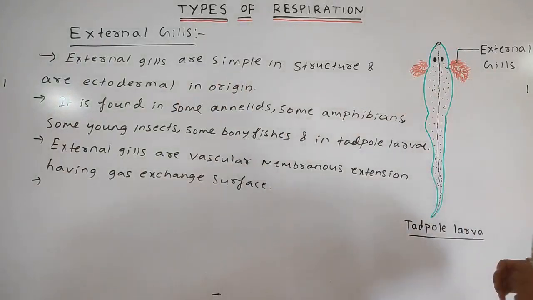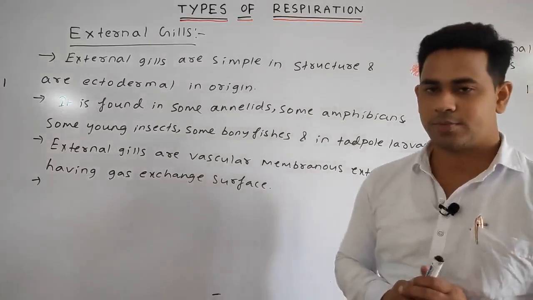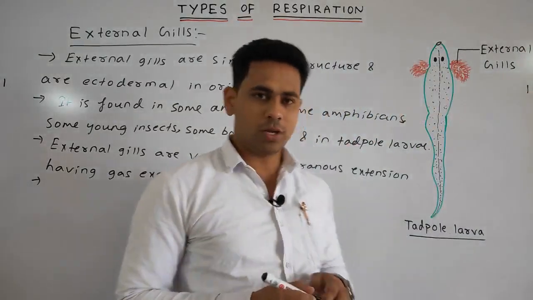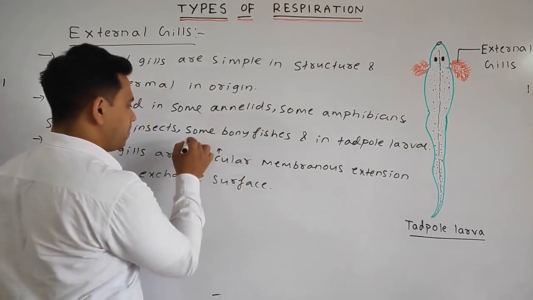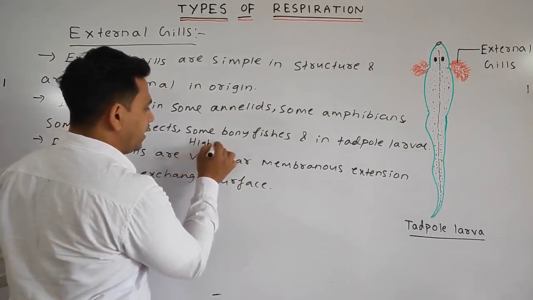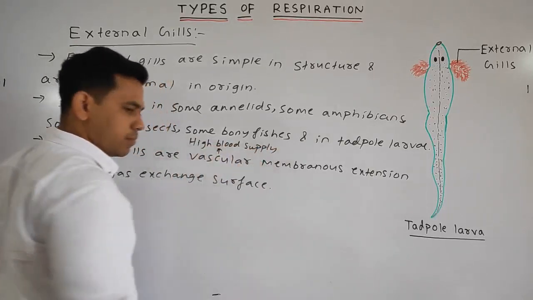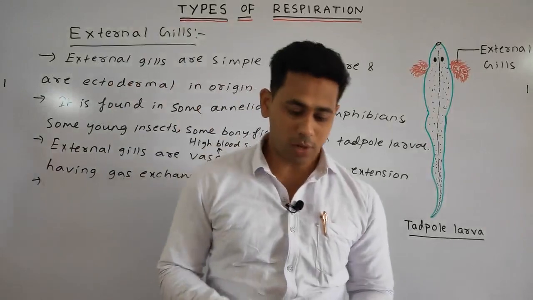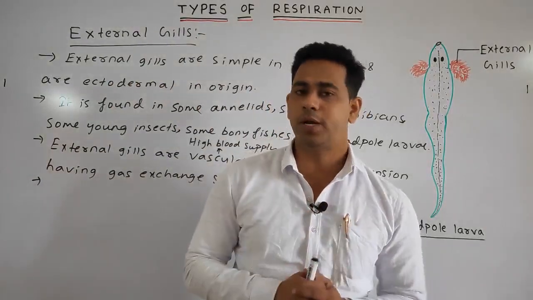See students, you can see here, this one is an example of the tadpole larva having the external gills. The external gills are vascular, or we can say vascularized. What do you mean by vascular? Vascular means students, you can simply write here, having high blood supply. Obviously, blood supply should be there by which the respiration or the gaseous exchange could be done.